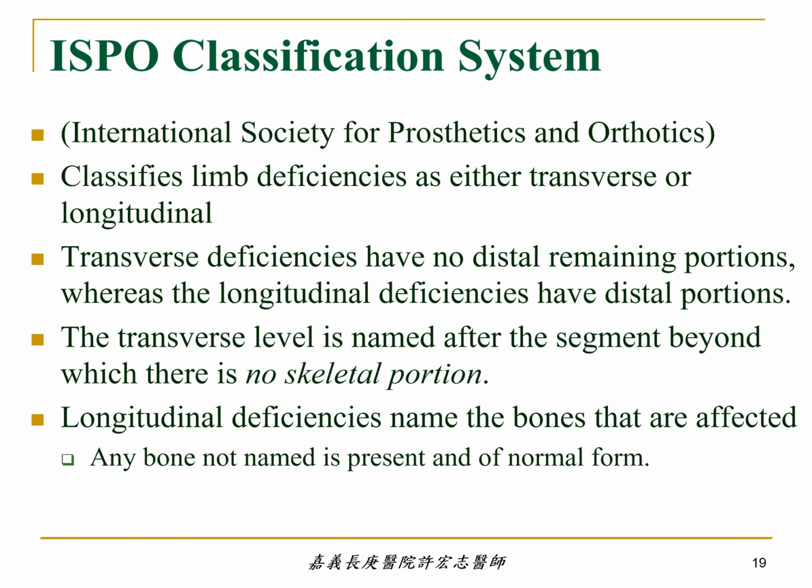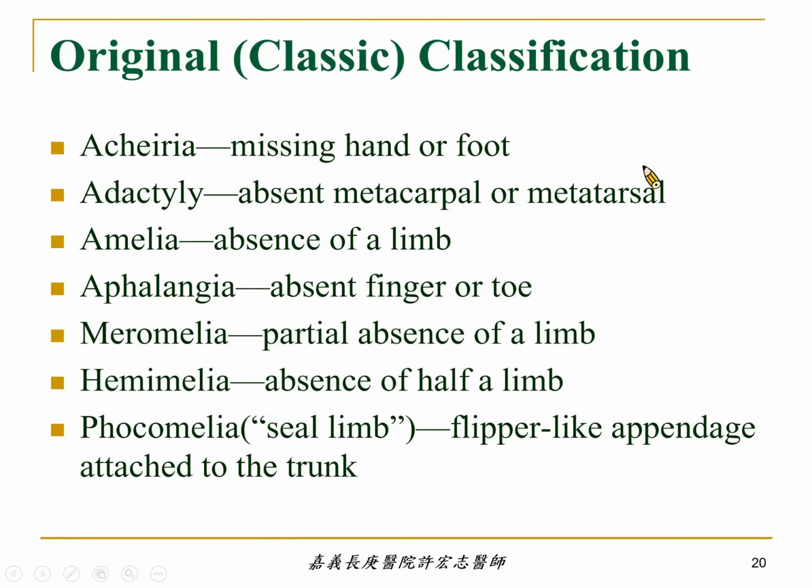And there are 3 systems of classification of limb deficiency. The ISPO classification system, the International Society for Prosthetics and Orthotics. The ISPO is the most preferred classification system nowadays. The second one is the original, which we call the classic classification.